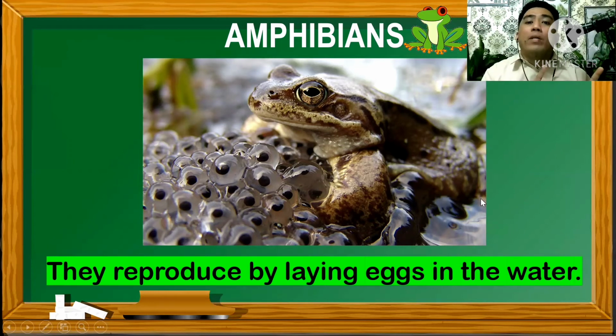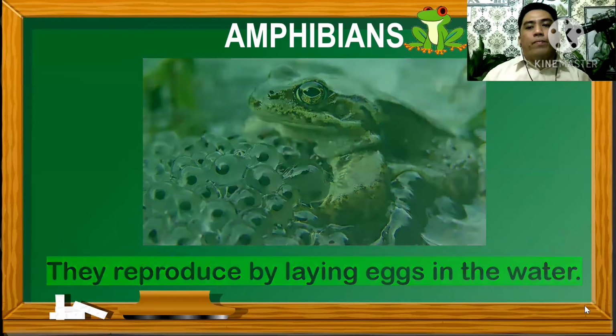Okay, so yun ang pagkakaiba ng dalawa. Magkapareho sila that they can survive on land and in water, pero once during laying of eggs, so ang mga reptiles lay their eggs on land, amphibians lay their eggs in water.